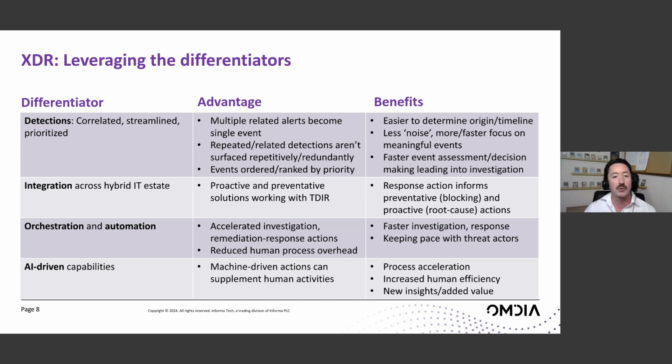But XDR creates a fantastic opportunity to bring more AI capabilities into the TDIR lifecycle. Areas like gathering and connecting threat intelligence, suggesting next steps, or even just providing really clear, simple, plain text summaries of what's happening in an event that analysts otherwise would have to figure out themselves, connecting those dots in ways that would otherwise be hard to see.